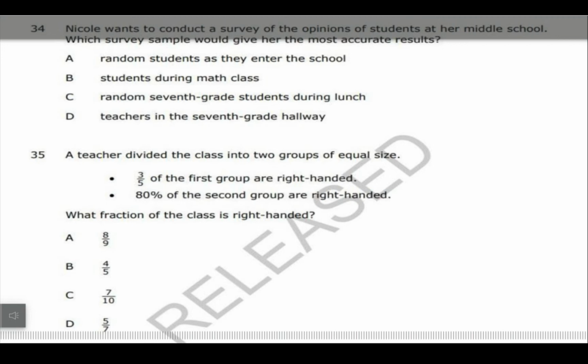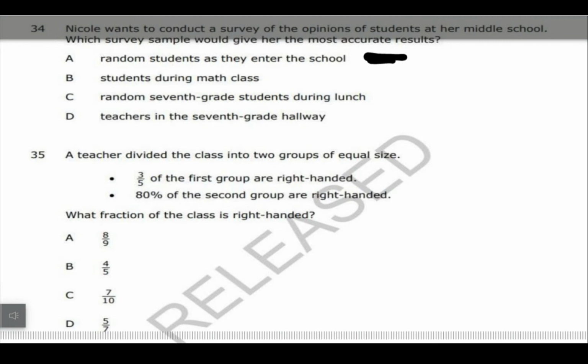Well, probably the best fit would be A, just because, again, we want it to be random. And then as people enter the school, it's going to be all different grade levels. All right, if I'm looking at students in math class, that's probably just going to be one grade level, so we're not getting a good variety of students.